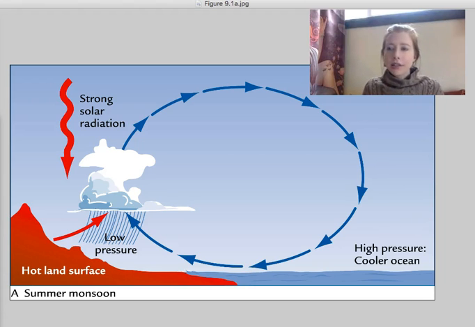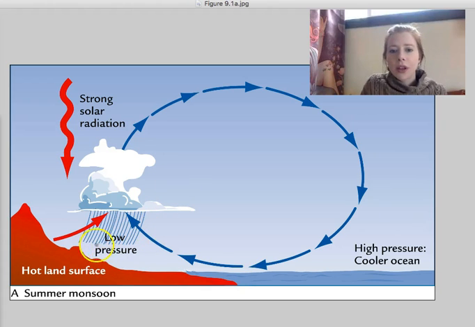Now, looking at the summer, you'd expect then for the land to be at a higher temperature than the water. So we have this hot land surface and this cooler ocean surface. And so what happens to hot air? Well, when air heats up, it expands and it rises, because when it expands, it becomes a lower density than the surrounding air.